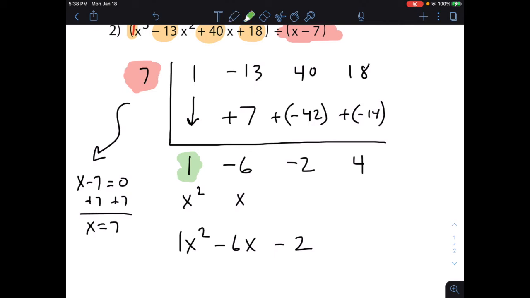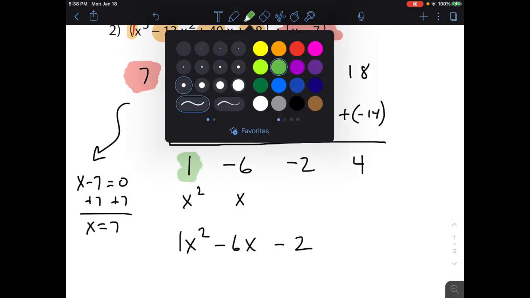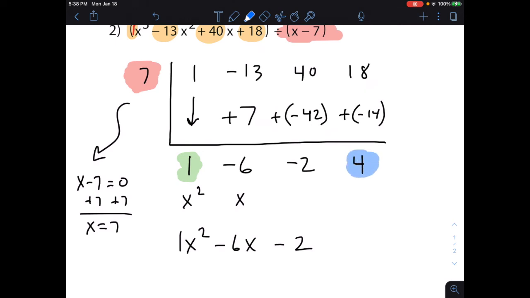And then this is the unique one. The last number here is always the remainder. All right, so this is our remainder. And just like last week, what we do with remainders is we take the remainder and we add it to our answer. But then we have to divide it by what we're dividing by.